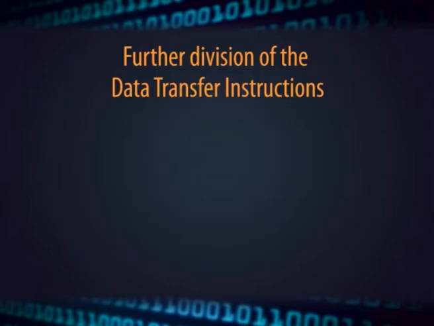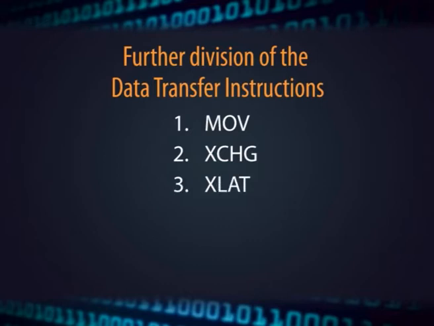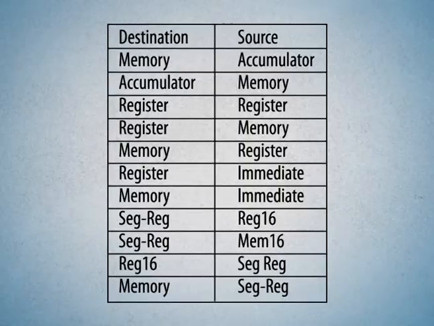This group further divides into 6 categories: first is move, second is exchange, third is translate, called XLAT in short, fourth is LEA, which is load effective address, fifth is LDS, load data segment, and sixth is LES. The instruction move is used to transfer a byte or word between register to register, register to accumulator, or register to memory location.